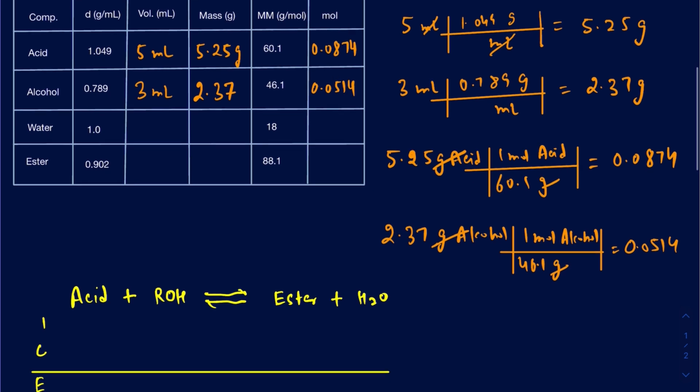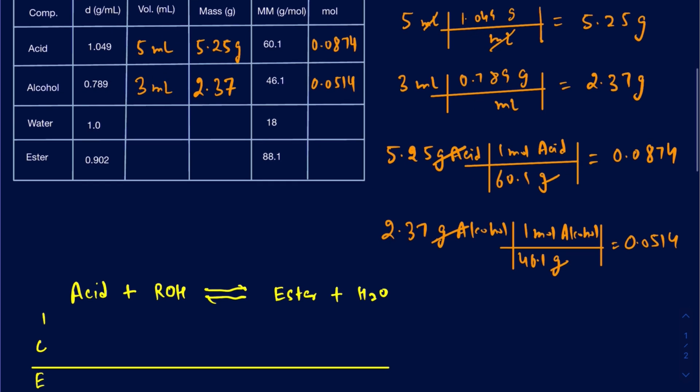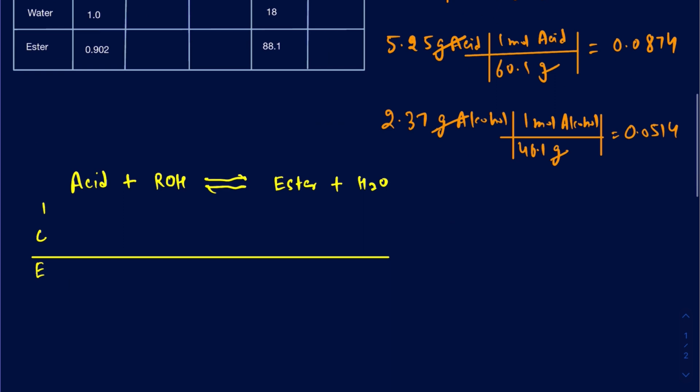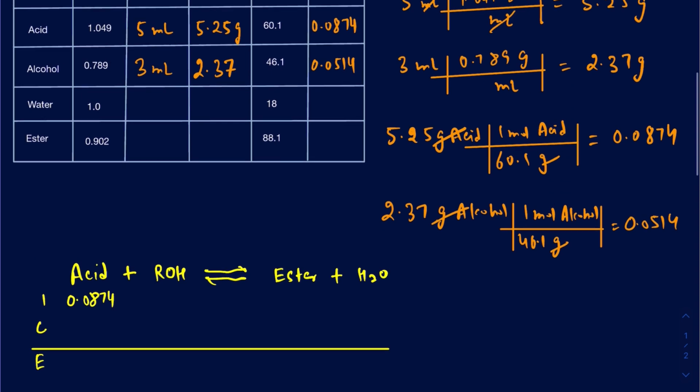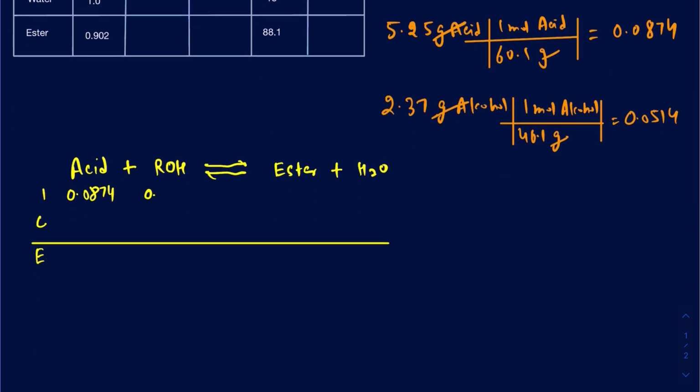So I have the moles of acid is 0.0874 here. So initially I got 0.0874 moles of acid. The moles of your alcohol is 0.0514. Initially, you don't have any ester made.